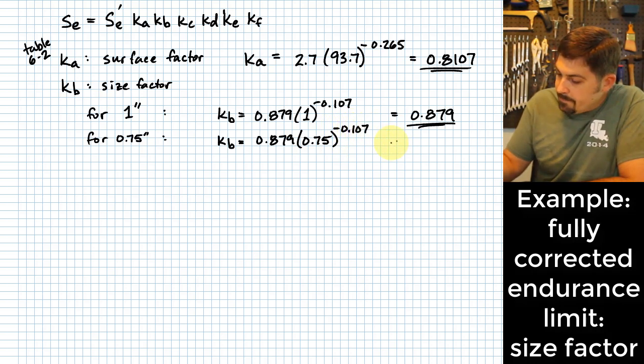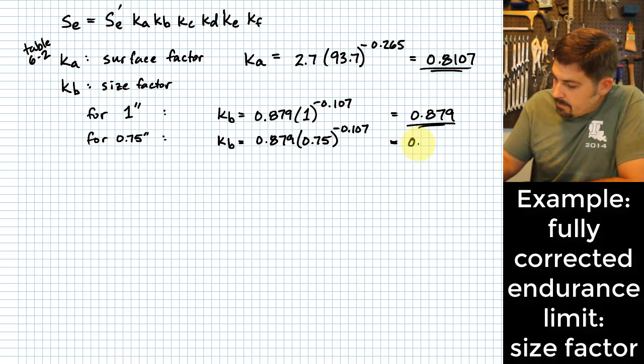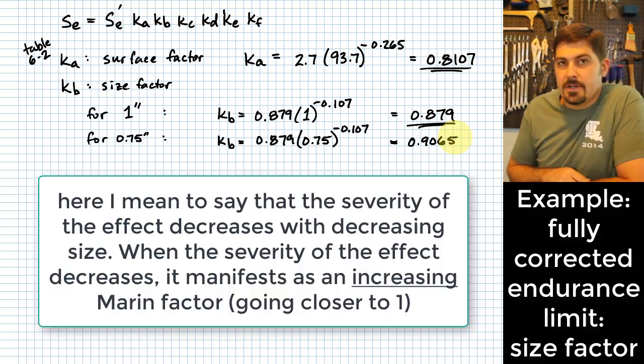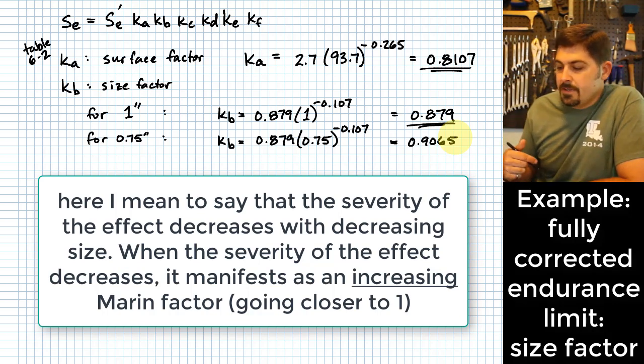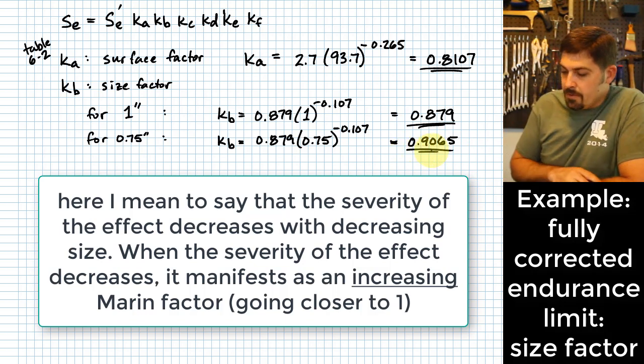All right. So then that ends up giving us 0.9065. Okay, and it does make sense here. This value is supposed to decrease as the shaft becomes smaller and smaller, so that is going the right direction.